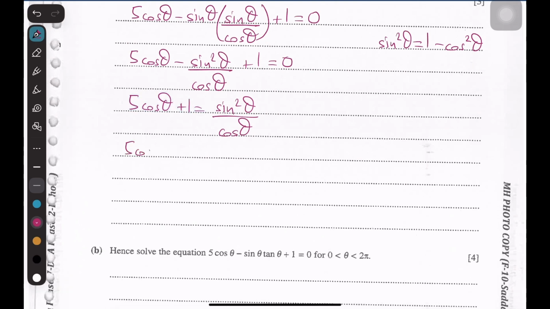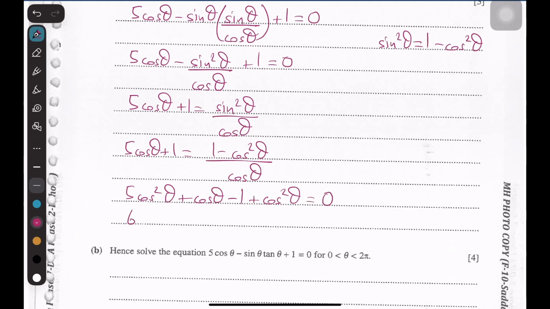So 5 cos theta plus 1. Sin square theta will be replaced with 1 minus cos square theta upon cos theta. Now we can cross multiply this to the left side. This will become 5 cos square theta plus cos theta, shifting 1 minus cos square theta to the left side, so negative 1 plus cos square theta equals to 0. So we get 6 cos square theta plus cos theta minus 1 equals to 0.